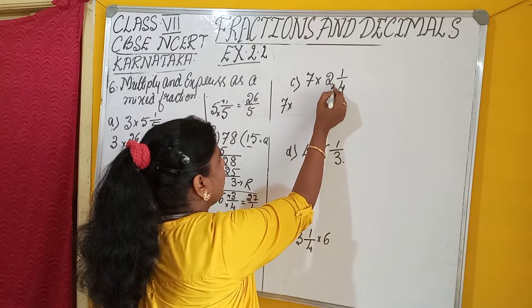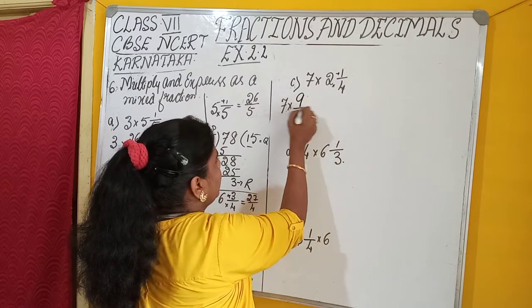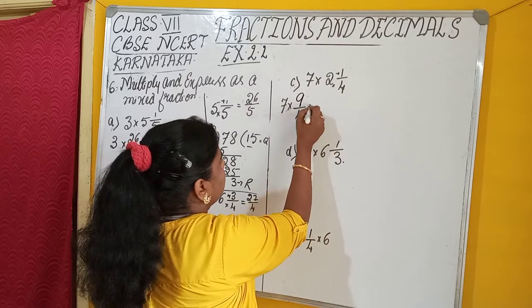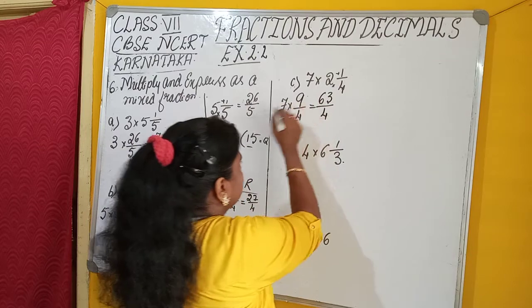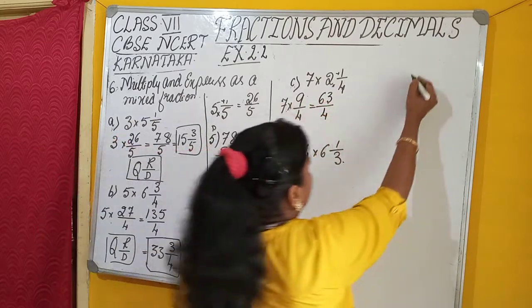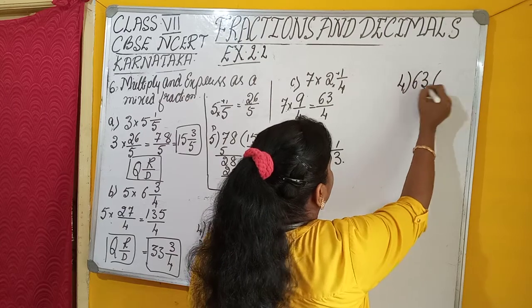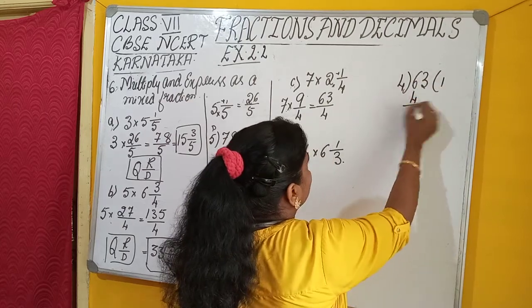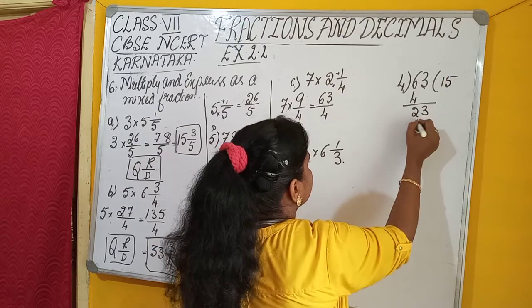Next, 7 into 2 1 by 4. Now convert it into an improper fraction. 4 twos are 8, 8 plus 1 is 9 by 4. 9 sevens are 63 by 4. Now convert it into a mixed fraction. 4 ones are 4, 23. 4 fives are 20.